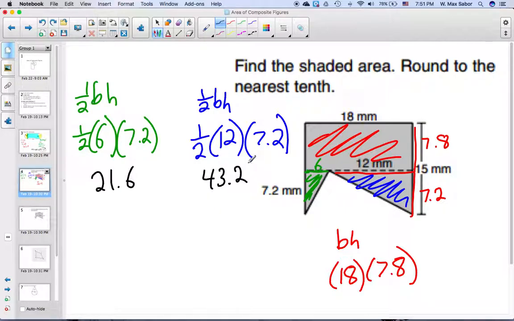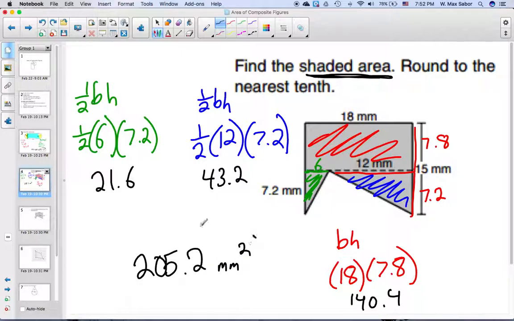And then the last one simplifies to 140.4. So to find the total shaded area, we're going to want to add all of these together. When we add them all together, we're getting 205.2. And then we want to make sure we use the units, square millimeters.